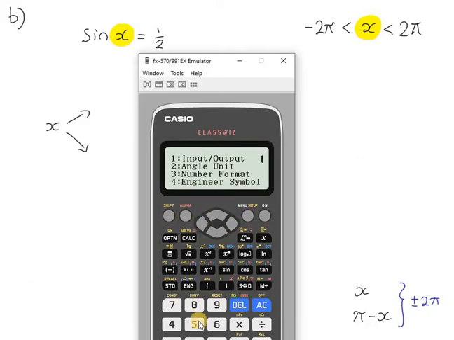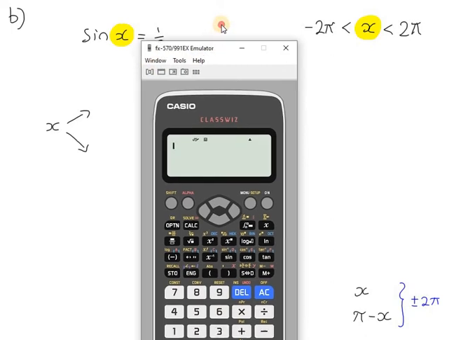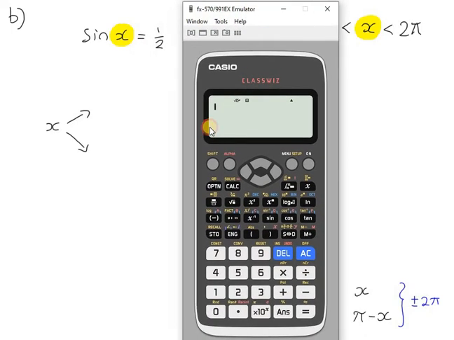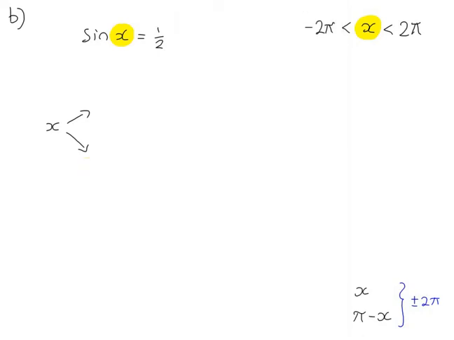Okay, so let's change the mode to radians. Okay, we're in radians mode, so sine inverse of half gives 1/6 pi.